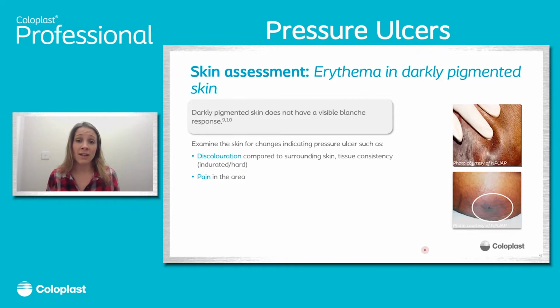Our patients can really help us and guide us with identifying any potential problems or causes. So make sure that you are including your patients in your discussions around whether they are experiencing pain, and getting them to identify the location of that pain for you.